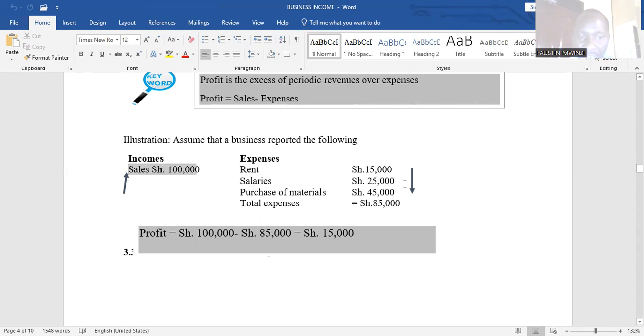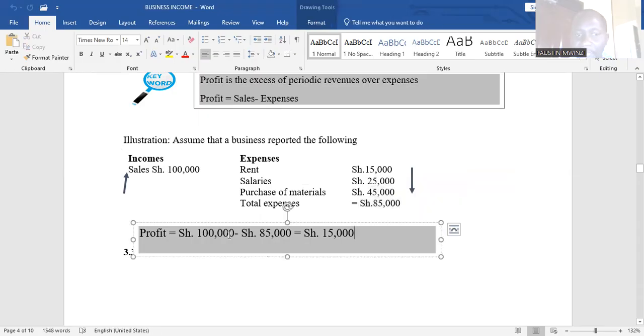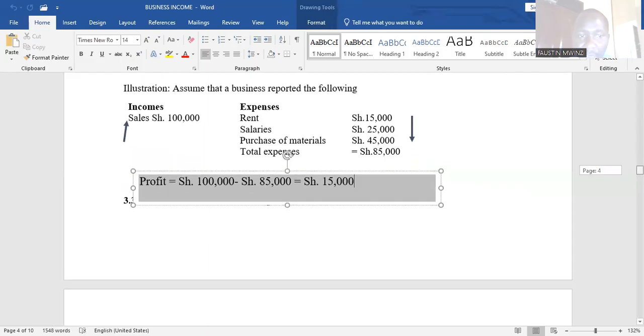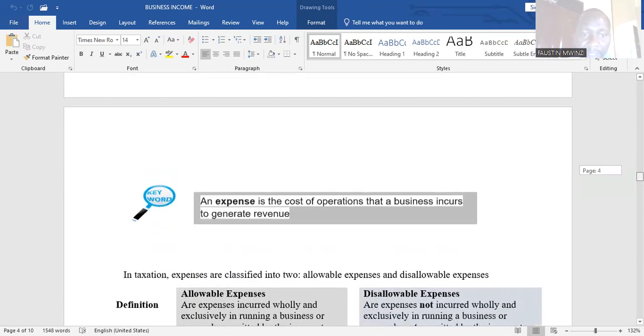But to make the sales of 100,000, they pay rent, they pay salaries, they pay to purchase the materials that they're selling, they incur a total cost of 85,000. So you can see that they have a profit. They will not be taxed on 100,000 because they have to be taxed on the profit. They'll be taxed on 15,000, the profit. And you can see how we have calculated that profit.